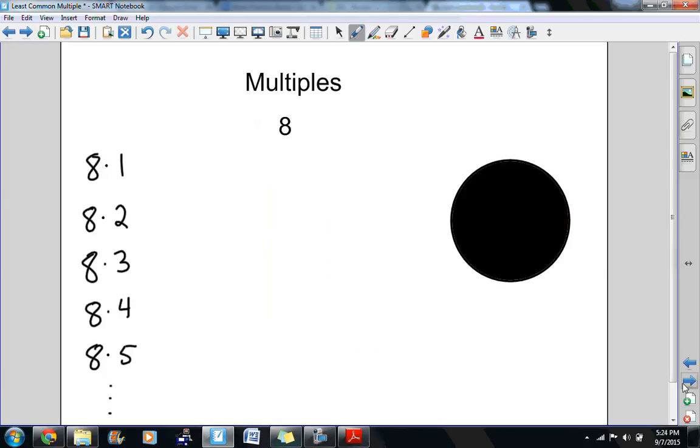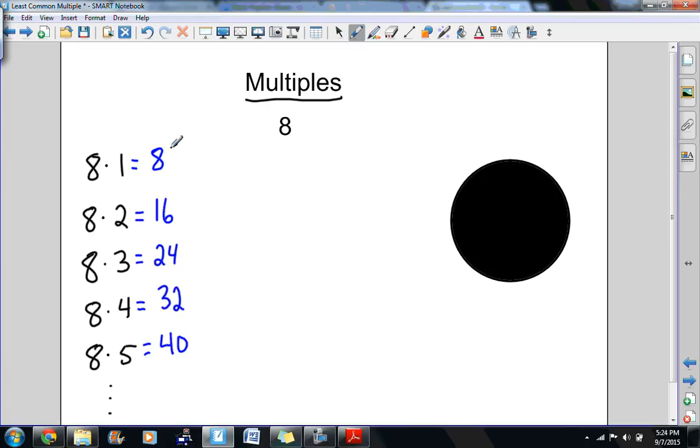Before we get to the common multiple part, I really want to emphasize what multiples mean. The key word of multiple is to multiply, and that's on purpose, because if you do 8 times 1, the answer is 8. 8 times 2, the answer is 16. 8 times 3, the answer is 24. And this pattern can go on forever.